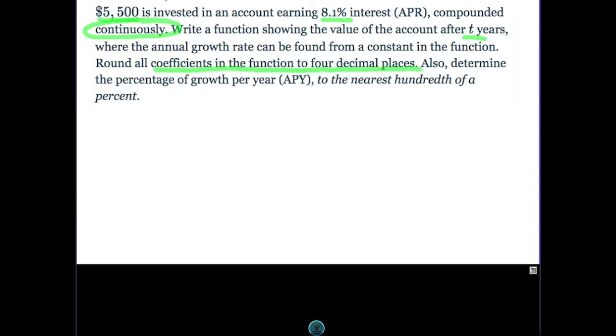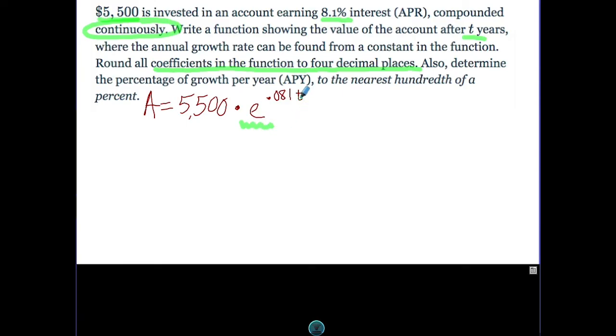Okay, so if we look back in our notes, our formula is A equals our principal multiplied by e, and now my exponent, and e is the base, my exponent is the rate multiplied by time.